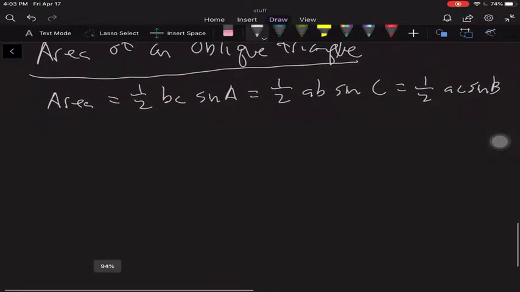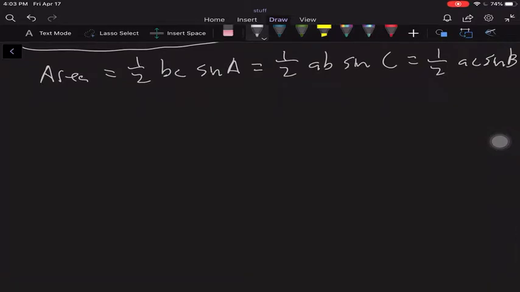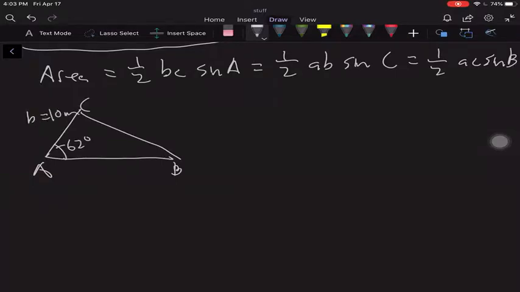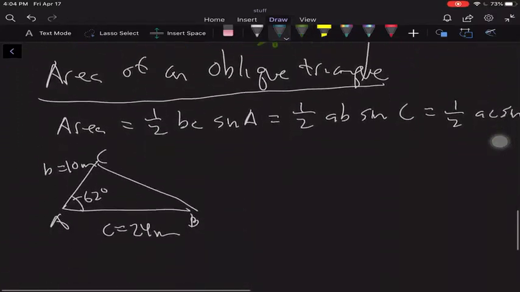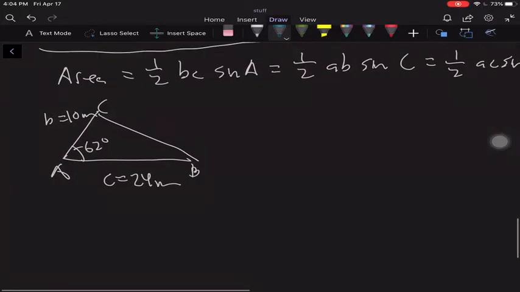The example given in the book has triangle ABC with an angle A of 62 degrees, b equal to 10 meters, and c equal to 24 meters. We're just going to use this equation here.